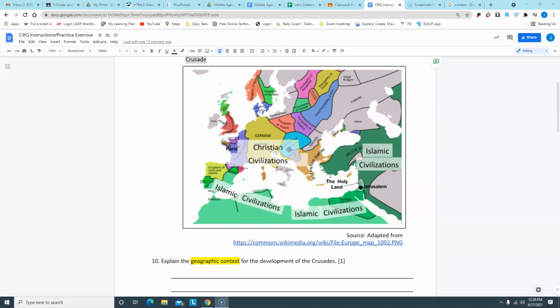With geography, we want to understand how did Europe and North Africa and Asia Minor develop into what we see here on the map. Explain that in your question using geography. And by doing that, you're going to have answered this geographic question.